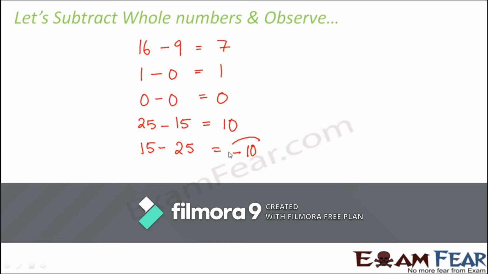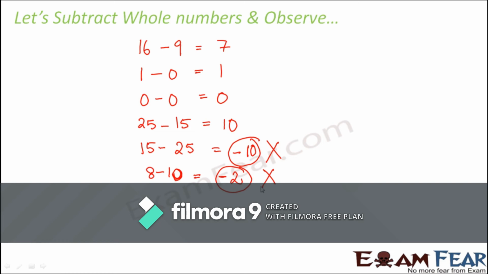Do you think minus 10 is a whole number? No, this is not a whole number. Similarly, 8 minus 10, what would it be? It would again be minus 2. So whenever you are subtracting a bigger number from a smaller number, the result is always a negative number. And negative numbers do not fall under the category of whole numbers.